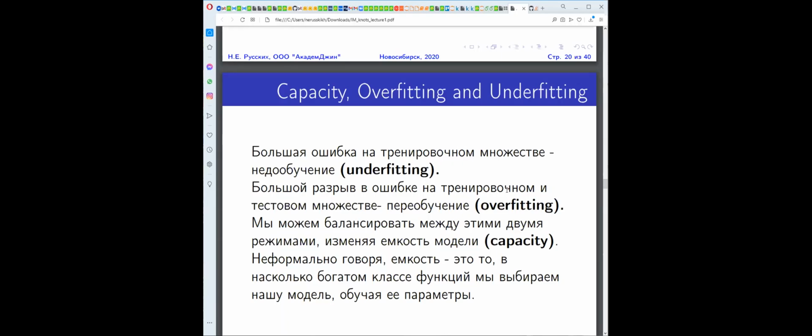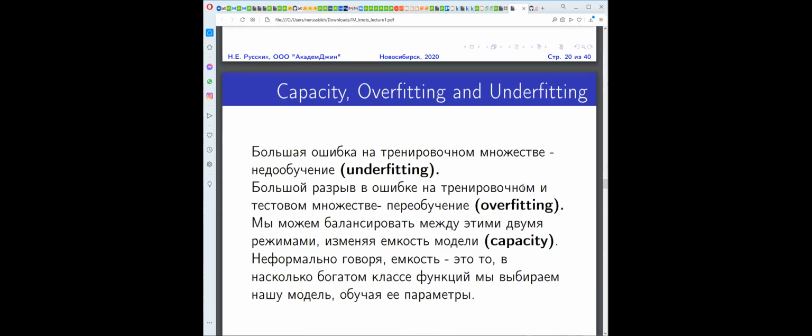But we might go to the other edge, where the training error is really low and the testing error is high. There is a large gap, and this is called overfitting. Our model just basically memorized the training set.